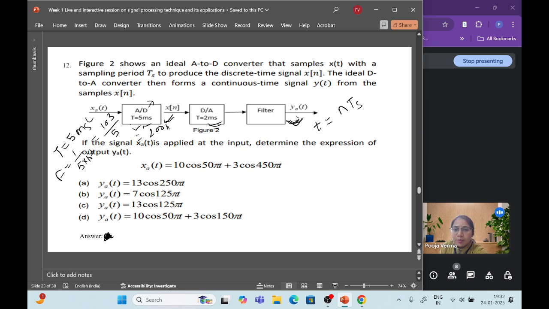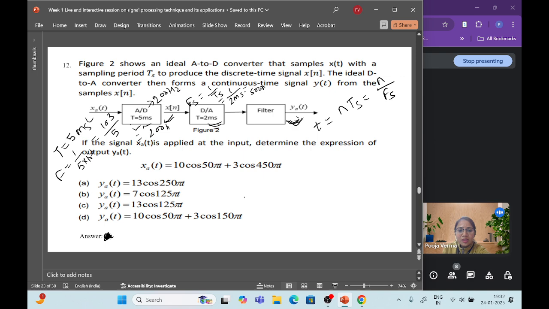So the sampling frequency is 200 hertz for this analog to digital converter. Similarly, here the second Fs is 1 by Ts. So 1 by 2 millisecond, you will get 500 hertz, right? For this sampling frequency.